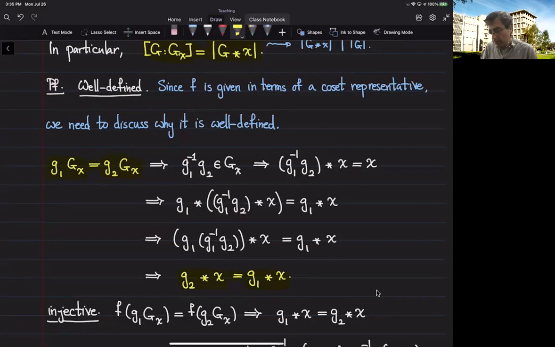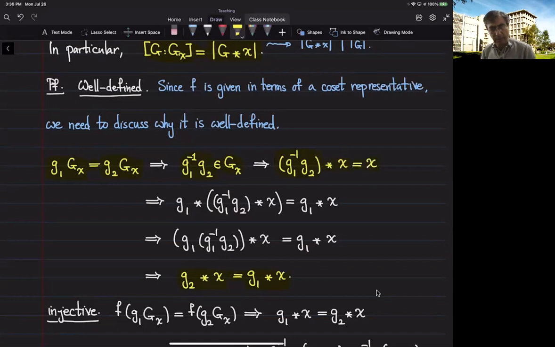That's a general rule for left cosets: the coset represented by G1 is equal to the coset represented by G2 precisely when G1 inverse G2 belongs to the given subgroup. So G1 inverse G2 is inside the stabilizer subgroup of G with respect to X.